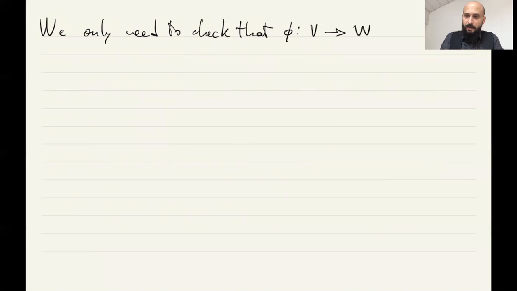Apart from this, we only need to check that phi, now defined on all of V into W, is surjective.